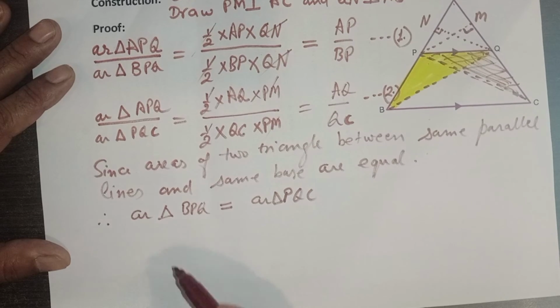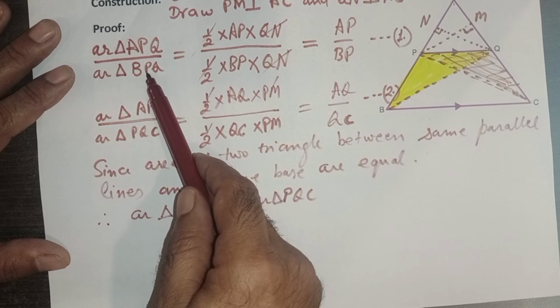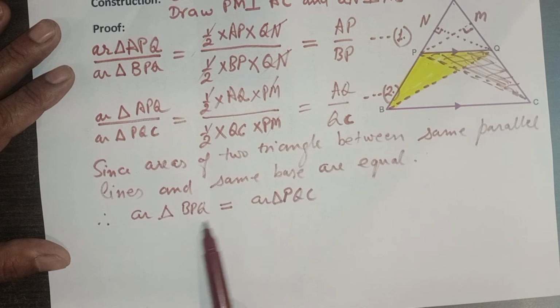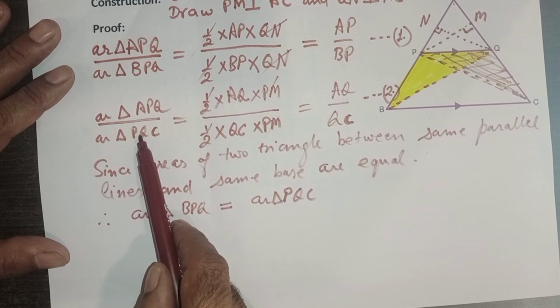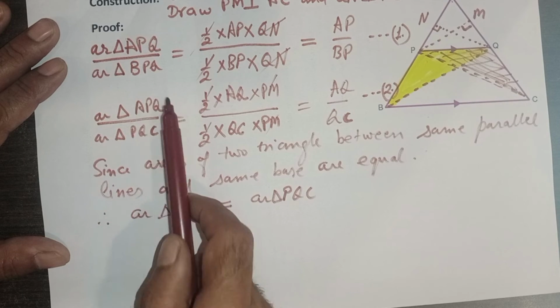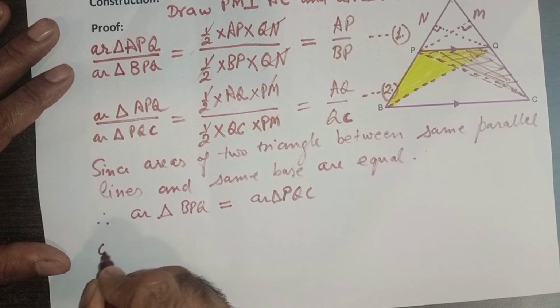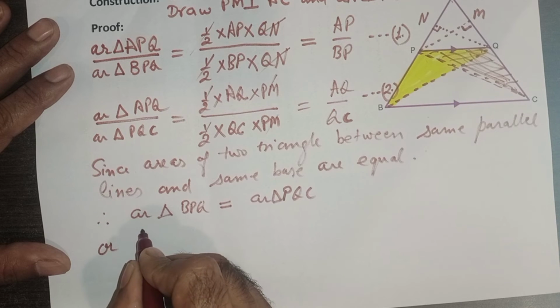Right? Now try to connect this with this. Here BPQ is in the denominator and PQC is also in the denominator. And what is in the numerator? Triangle APQ, triangle APQ.